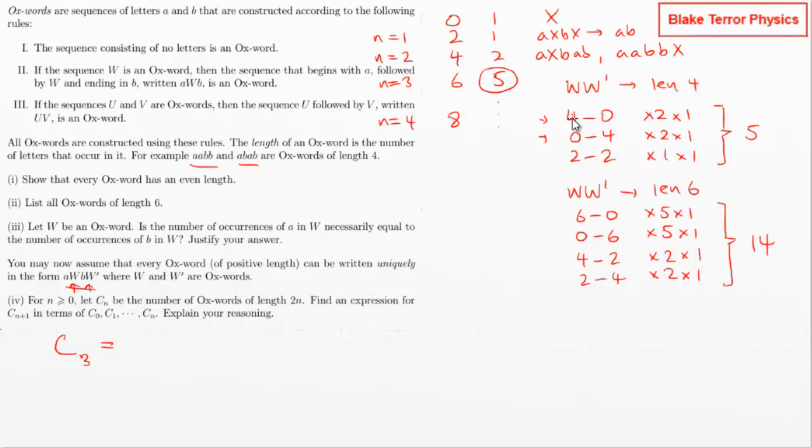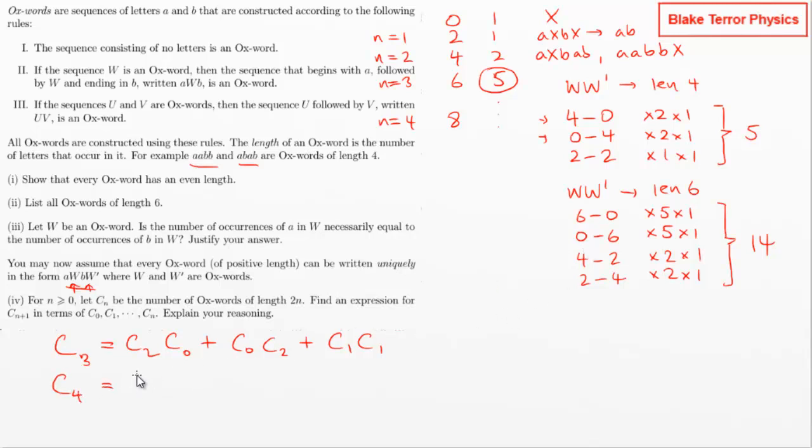So I've said that is C2 multiplied by C0. Seems to be right, doesn't it? Yeah, C2 multiplied by C0 plus C0 multiplied by C2 plus C1 times C1. Okay, so that's C3.